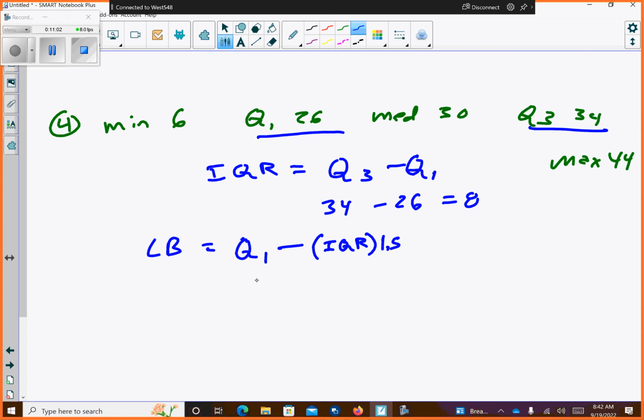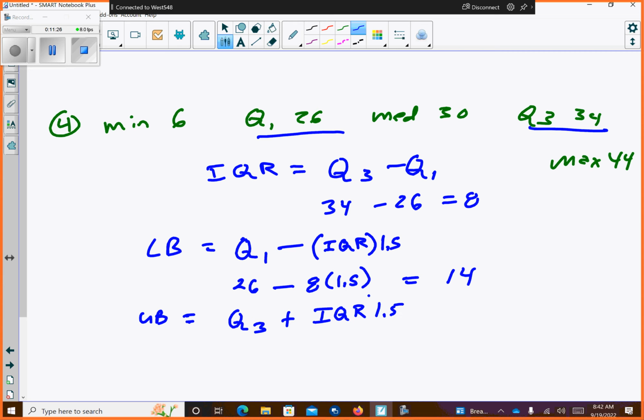So on this one, it's going to be Q1 is 26 minus 8 times 1.5. And that's going to give us 14. My upper bound is going to be Q3 plus the IQR times 1.5. So that's going to be 34 plus 8 times 1.5. And that gives me 46.